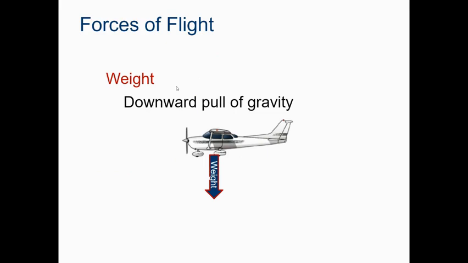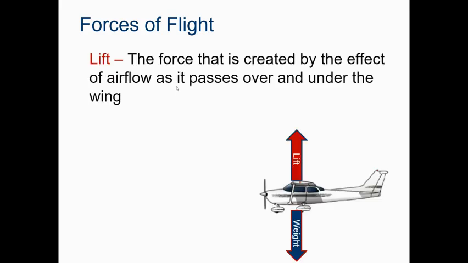Now with gravity and weight, we have this other tug of war happening, but in the other direction, the up and down direction. So weight is the downward pull of gravity, and lift is the force that opposes it, going in the other direction of the weight. Remember from earlier, the lift force is created as air flows over and under the wings.